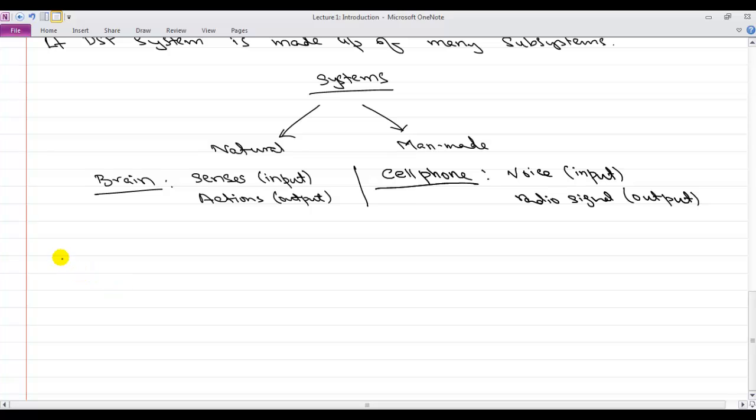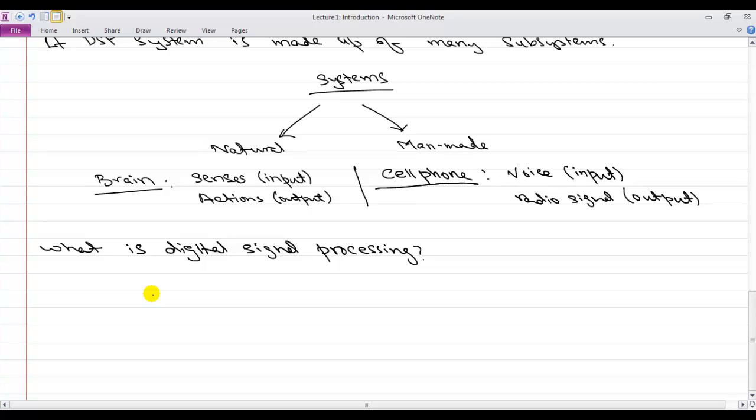Now, we have talked about signal processing. The name of the course is digital signal processing, so let's ask ourselves, what is digital signal processing? And the answer is the block diagram stays the same.